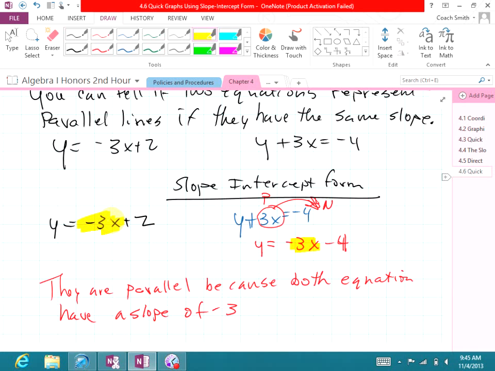Eventually they'll talk to you about perpendicular lines. For perpendicular lines, the slopes are opposites of each other. They're actually reciprocals of each other. Okay?